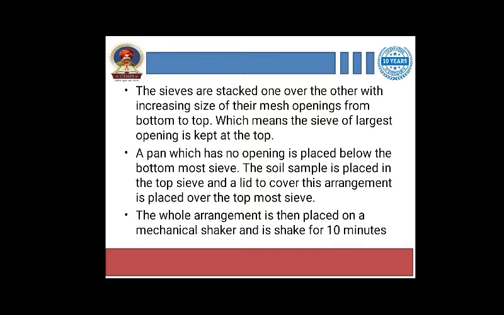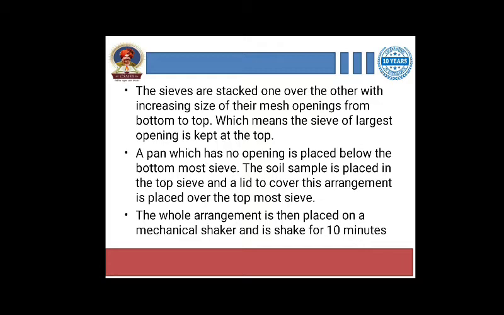The soil sample is placed in the top sieve and a lid to cover this arrangement is placed over the topmost sieve. It means we have to pack the sample and the sieve set from both sides. At the bottom side we will close it with the pan, and at the uppermost side or topmost sieve we will cover it with the lid.